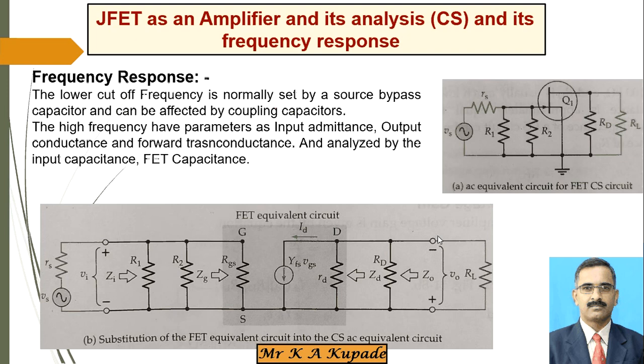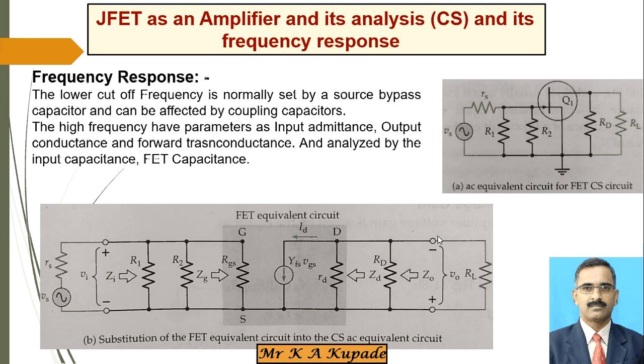And next one is the high frequency response. The high frequency parameters are input admittance, output conductance, and forward transconductance. By using these parameters, the high frequency response is calculated for this amplifier, and it is analyzed by using the input capacitance and FET capacitance.